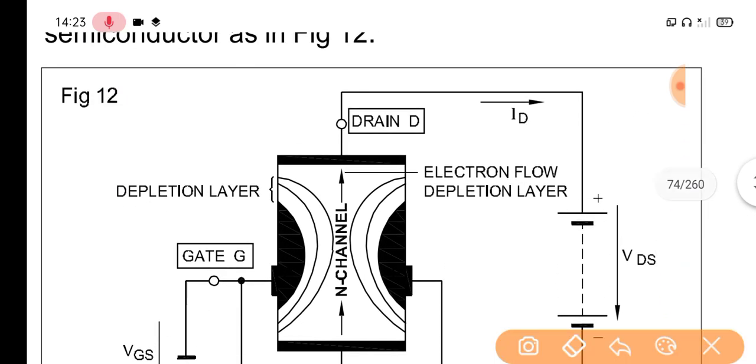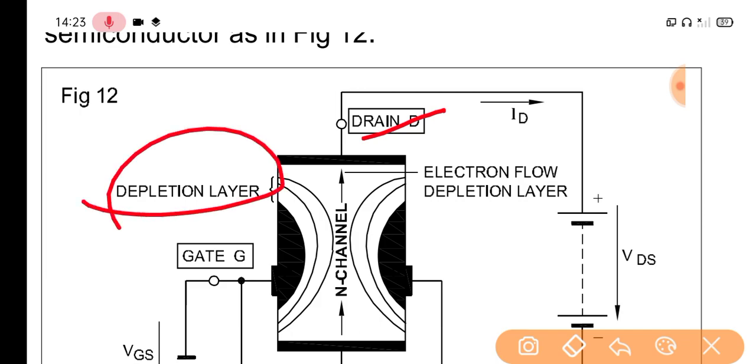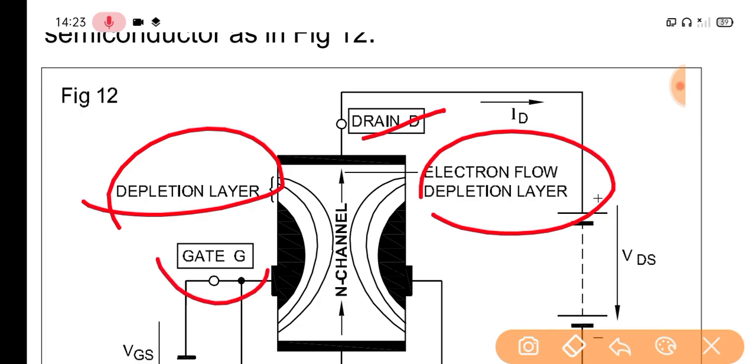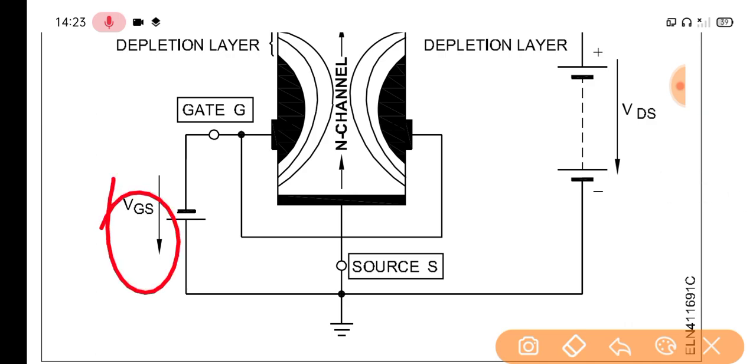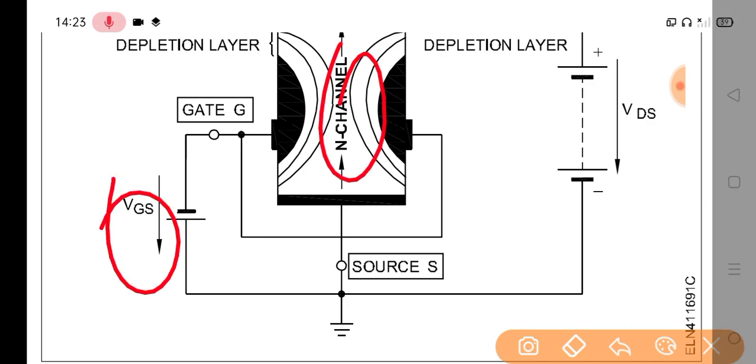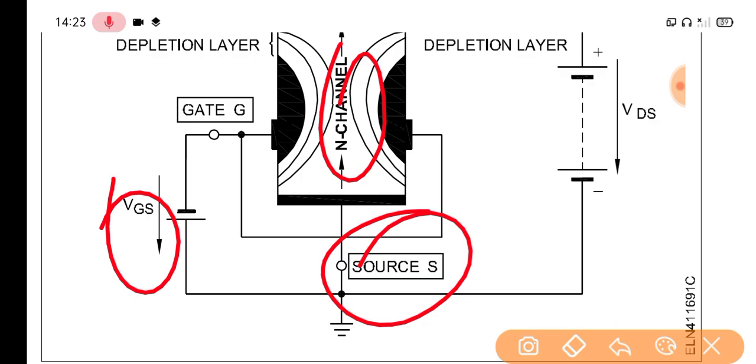This is the drain, and this is the depletion layer and the electron flow depletion layer, and this is the gate, and this is the gate voltage source and N channel, and this is the source S, and this is the voltage DS.